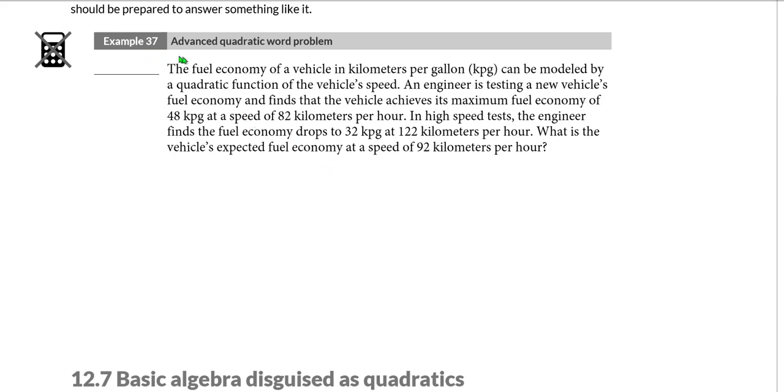So, example 37, the fuel economy of a vehicle in kilometers per gallon, kpg, can be modeled by a quadratic function of the vehicle's speed. Okay, so there's some function out there, function of the vehicle's speed, that will model the fuel economy of a vehicle. An engineer is testing a new vehicle's fuel economy and finds that the vehicle achieves, look at that language right there, maximum fuel economy of 48 kilometers per gallon at a speed of 82 kilometers per hour.